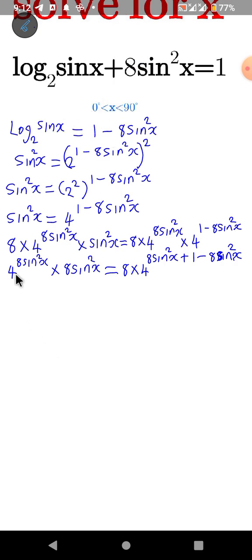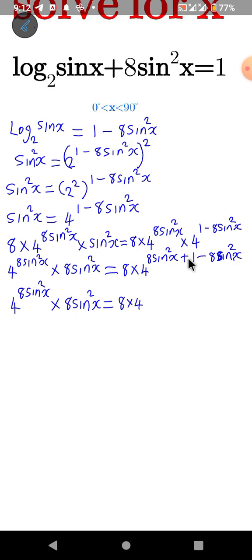So here I'll write the left hand side again as 4 raised to the power of 8 sine square x multiplied by 8 sine square x, all equal to 8 times 4. Now 8 sine square x, we subtract 8 sine square x, so we are left with only plus 1 here.